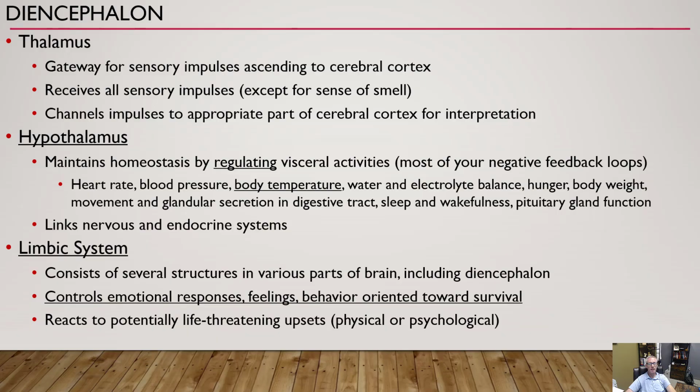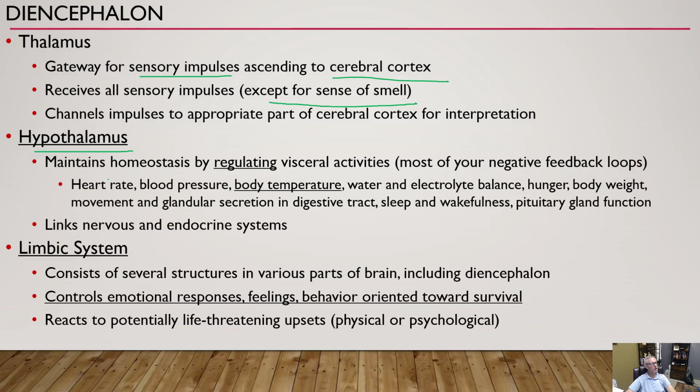All right, so what does the thalamus do? Basically, it's a gateway from taking those sensory impulses and sending them to the cerebral cortex, except for the sense of smell.